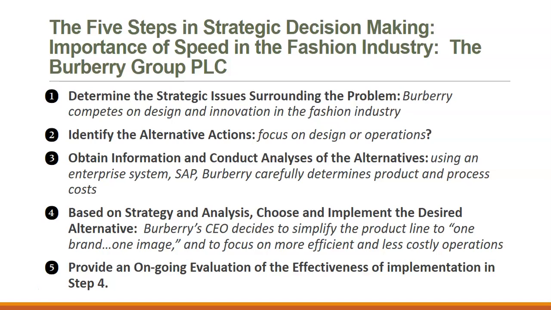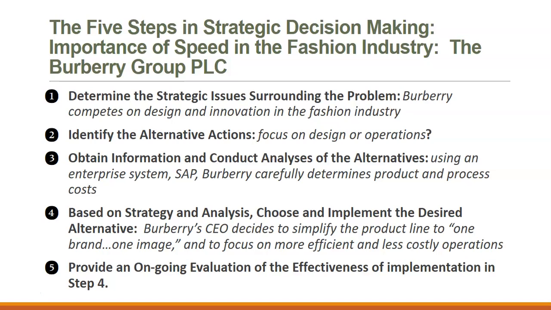So our options are to look at our design so we can decrease our product line and look at different options, or we can improve our operations to become more efficient.